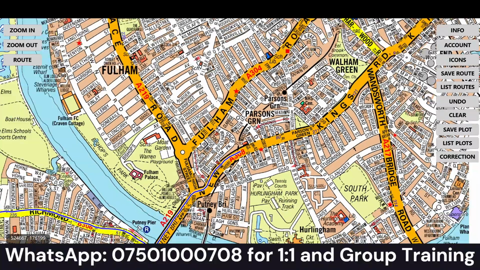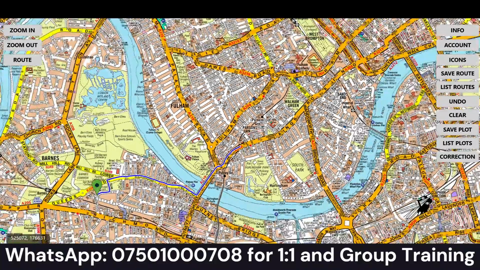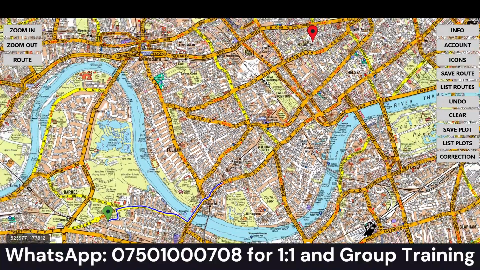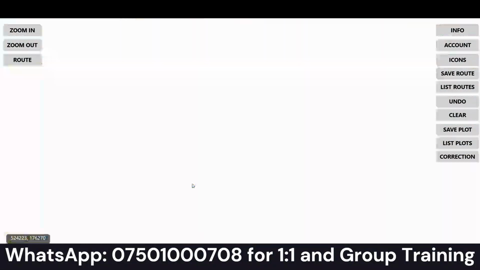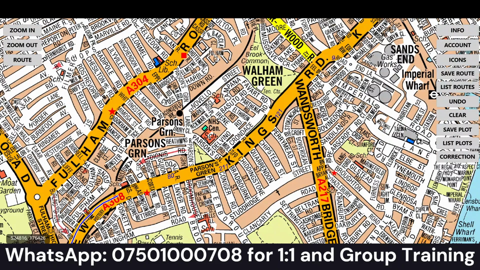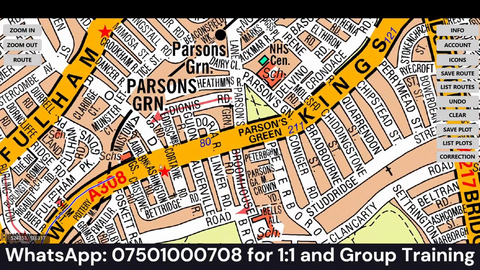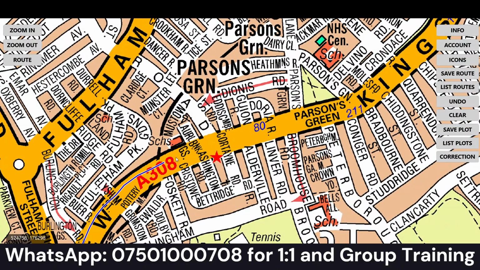Let's zoom out and see where we are and where the point is, just to be sure. So we are going this way, right? So we can see the point here. Let's zoom in, and then we are following this route. So keep going straight here.